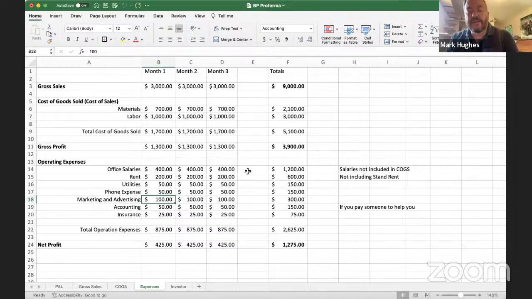The 1,000 kwacha is actual labor cost to sell the product or make it.